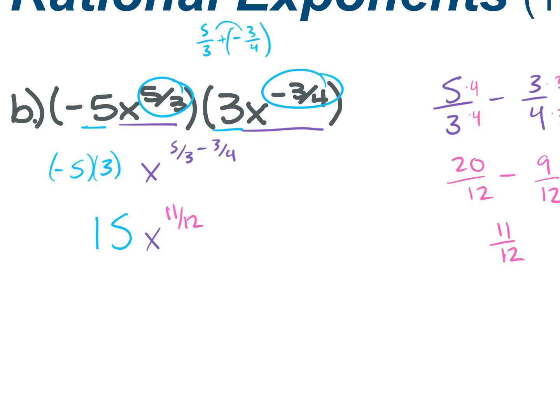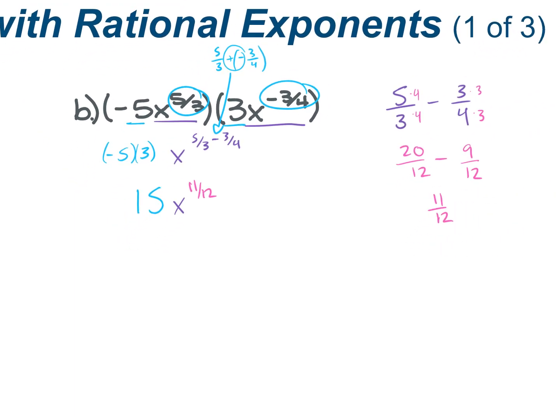So that's why it ended up being a minus, just because it was plus a negative. We technically added them, but it ends up being subtracting because the second number is negative. So this would be our final answer. It should be negative 15, sorry, because it's negative 5 times positive 3.